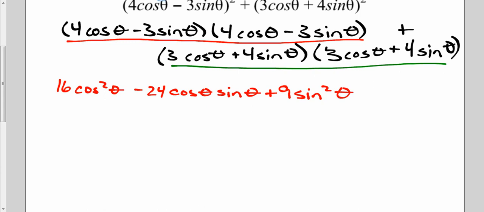Now we got the green to do. So let's get in our green and do our F in FOIL. Now I got what? So, and that's going to be a plus, right? Plus 9 cosine squared theta. Okay. And then what? I want to do the outers again.